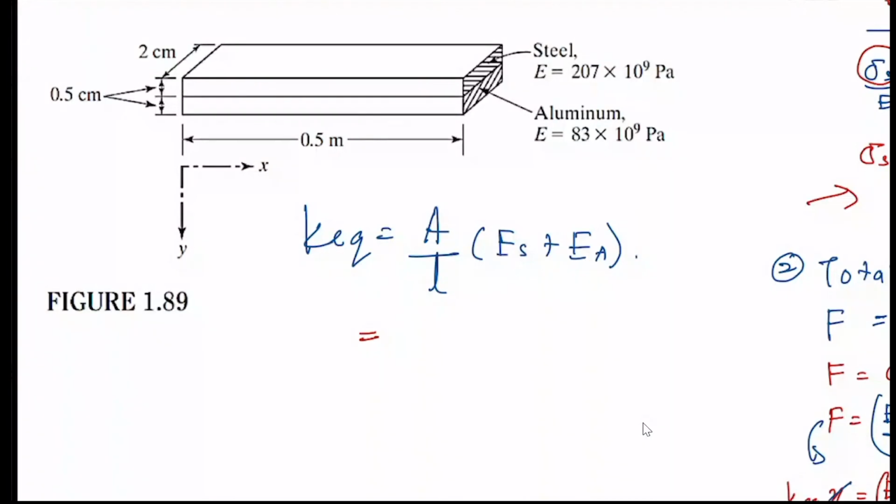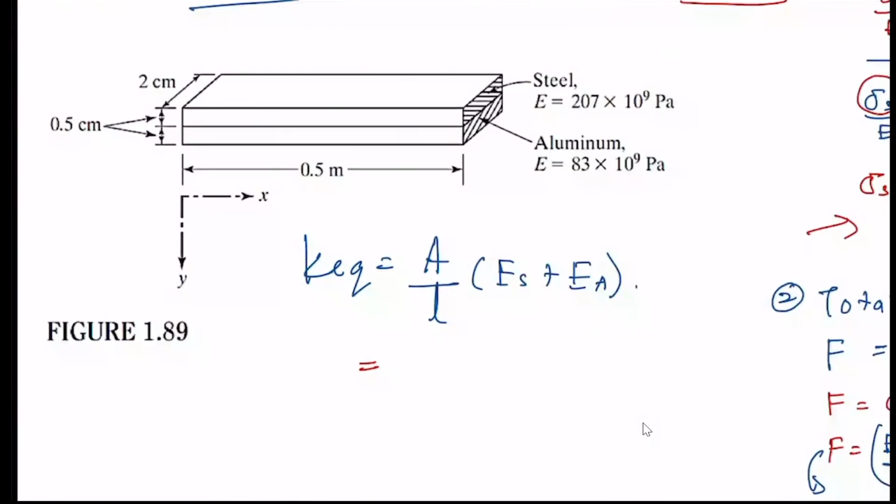So A equals to, remember, if you are substituting any values, you have to always make sure the values are in SI units. For example, here it is given in cm, so you have to always convert to meters before you substitute.